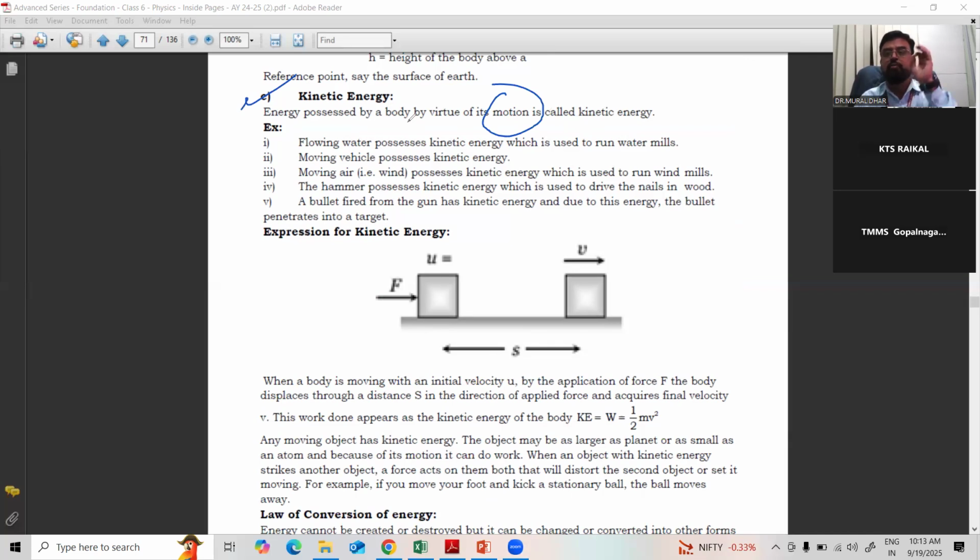Every moving body possesses kinetic energy, either a flying bird, a moving car, or a riding bicycle. Every body in motion will possess kinetic energy. Right? A moving body possesses kinetic energy, which is mathematically given by the formula kinetic energy is equal to half mv square, 1 by 2 mv square.